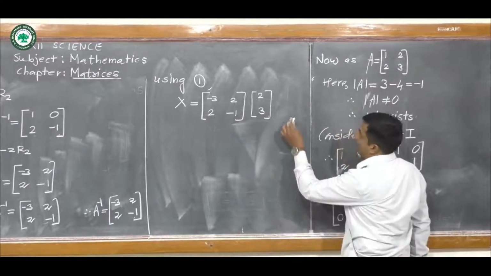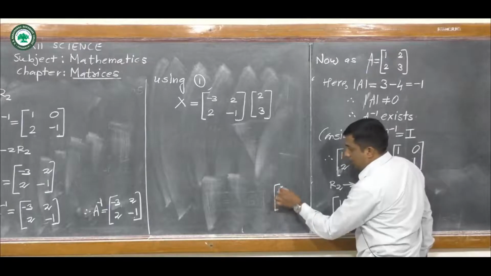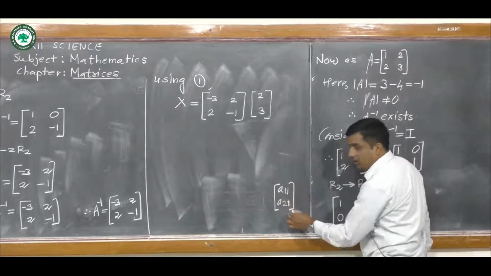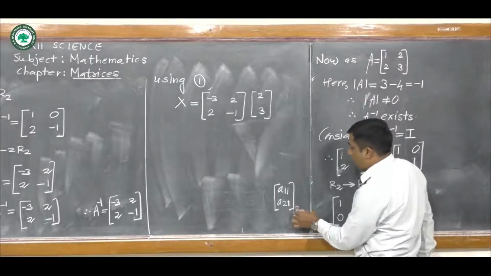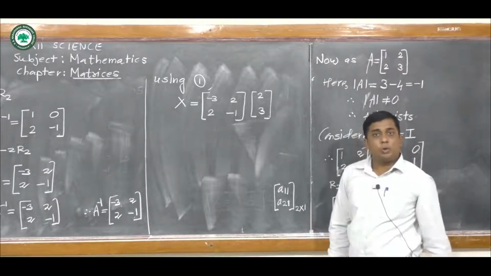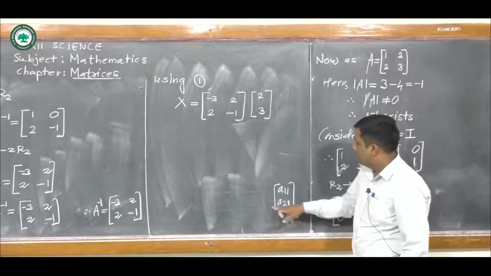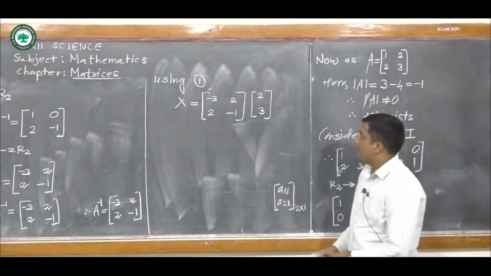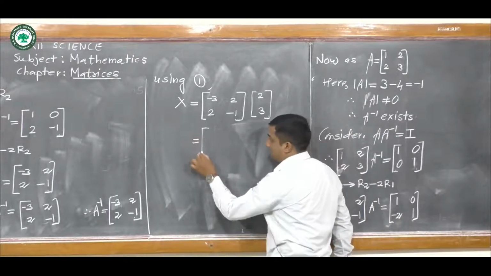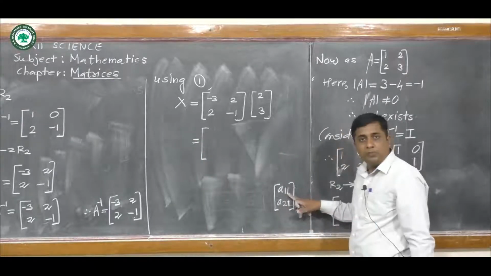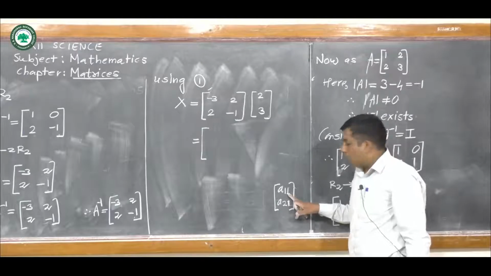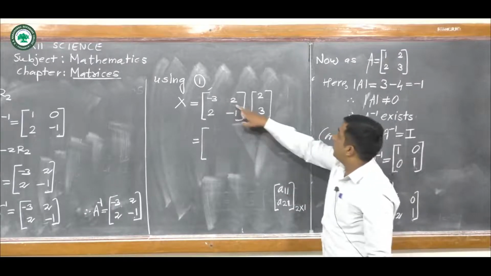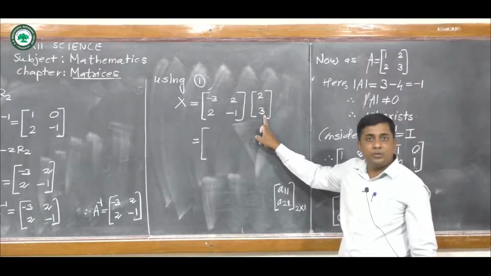Now we know the matrix has order 2 by 1. We consider the elements A11 and A21. This matrix has order 2 by 1, that is, 2 rows and 1 column. Okay, so for the product we consider firstly A11. Here in A11 we consider first row, first column.